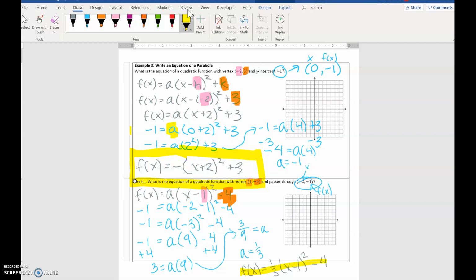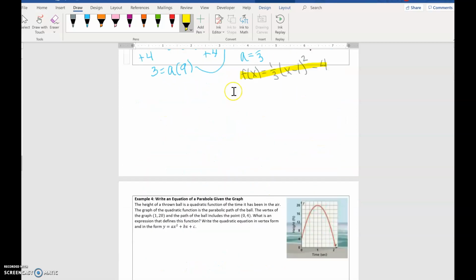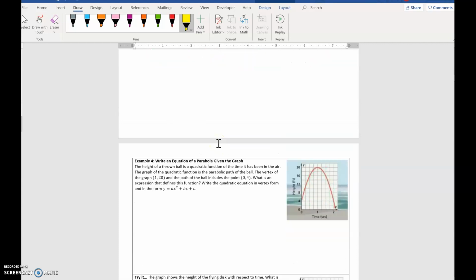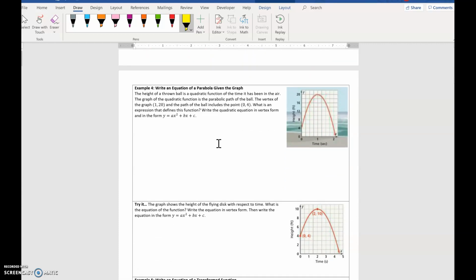Okay. And we actually are going to be doing one more example, but we're not going to do the whole thing. So looking down here, for yours, it's on the same page. Remember, I had to add some more room to write. So example 4, write an equation of a parabola given the graph. The height of a thrown ball is a quadratic function of the time it has been in the air.